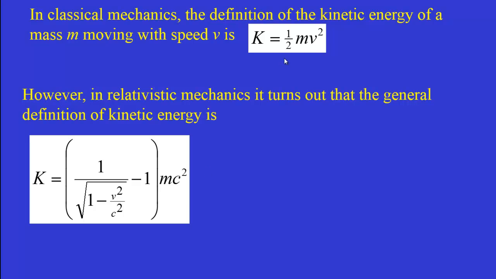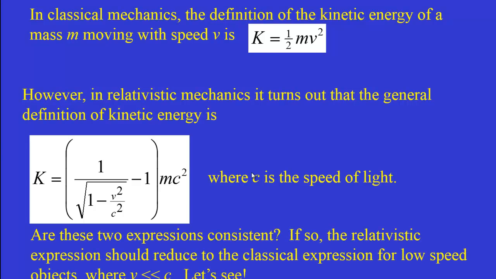If 1/2 mv squared works for slow speed particles, then we should be able to take the more general formula that works for all particles at all speeds and see that it reduces to that in the limiting case. But it's not obvious. Just by looking at these two equations, they don't look at all alike. And so let's show how we can use the approximation formula for the binomial expansion to simplify this expression for the kinetic energy. That's the question.